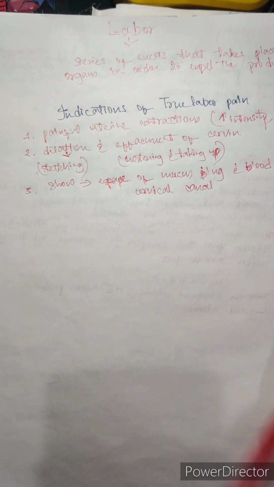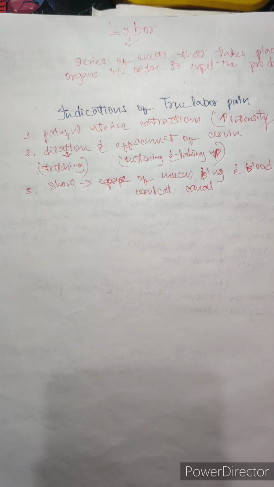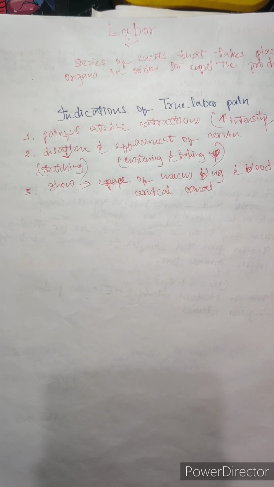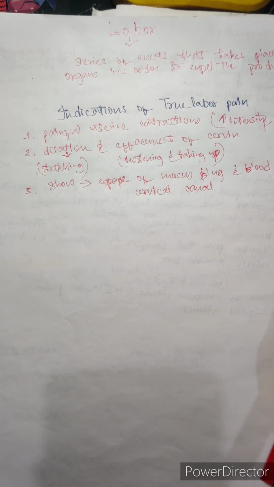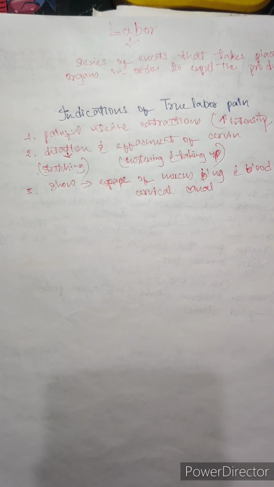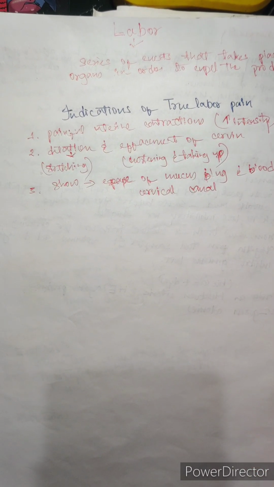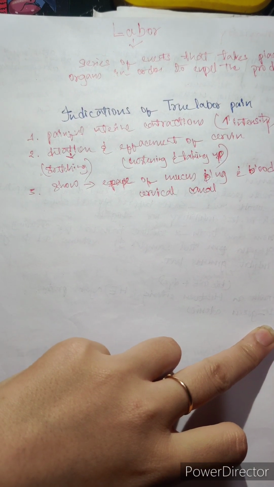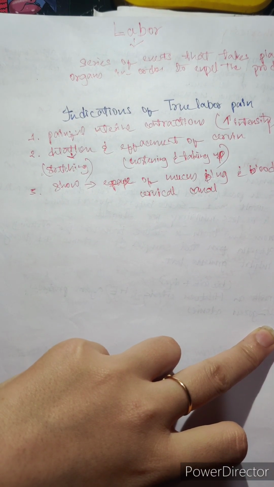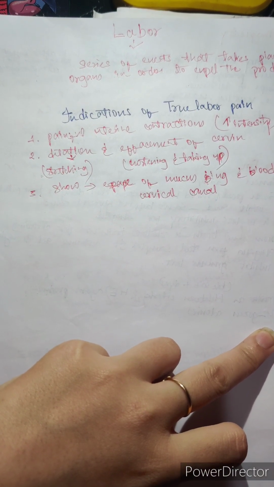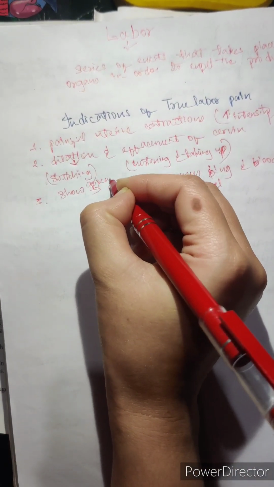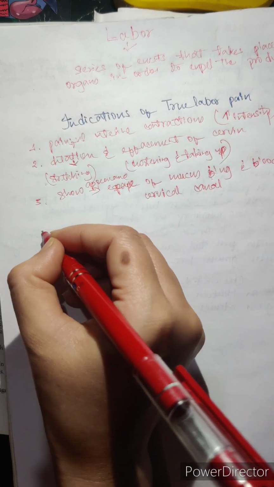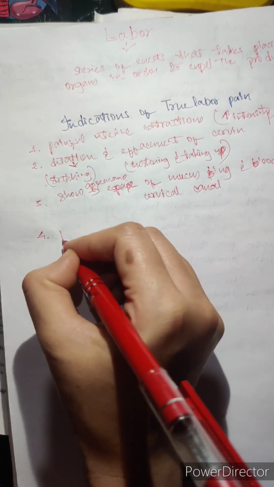At the term, or at the onset of labor, there is the escape of show, that is the escape of the mucus plug along with the blood. This is the appearance of show.